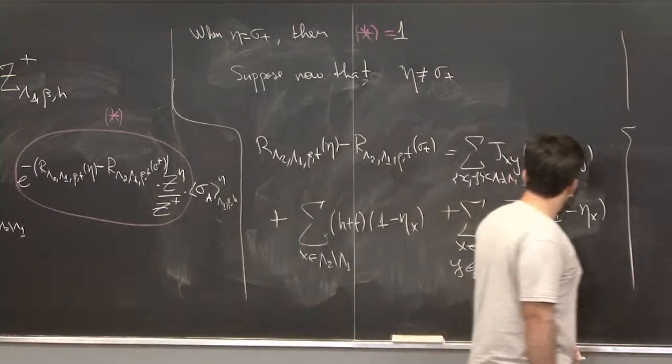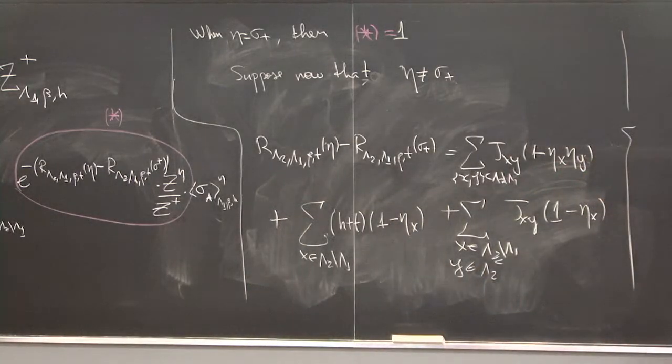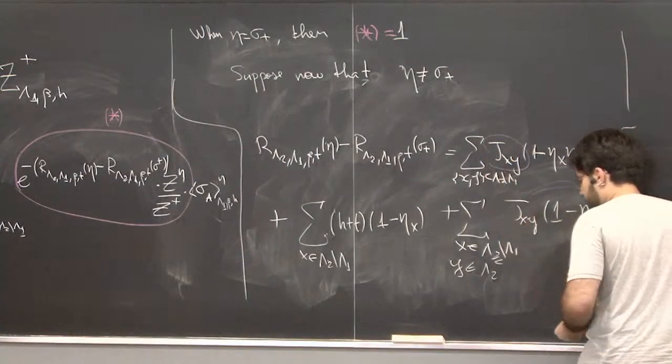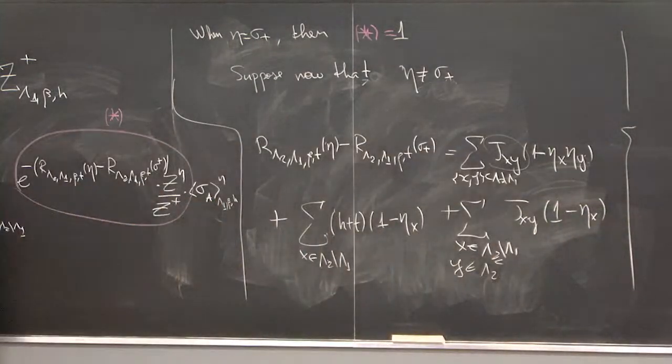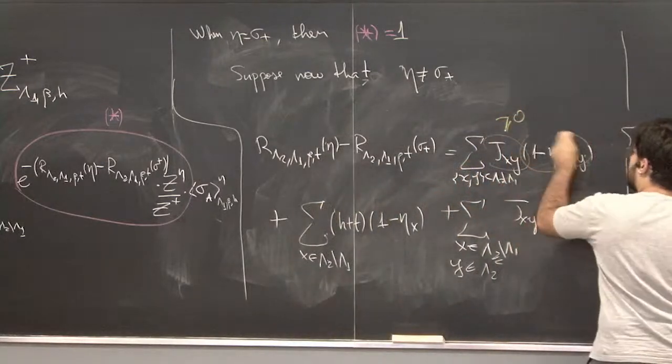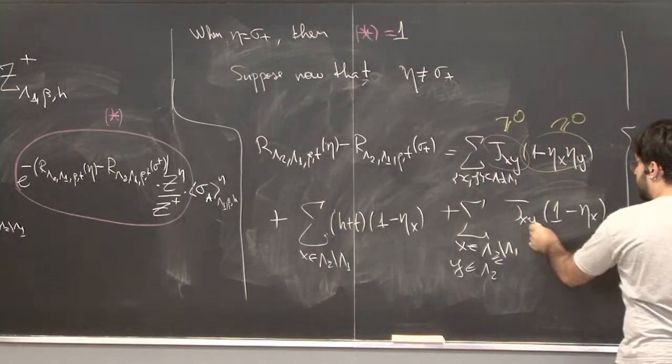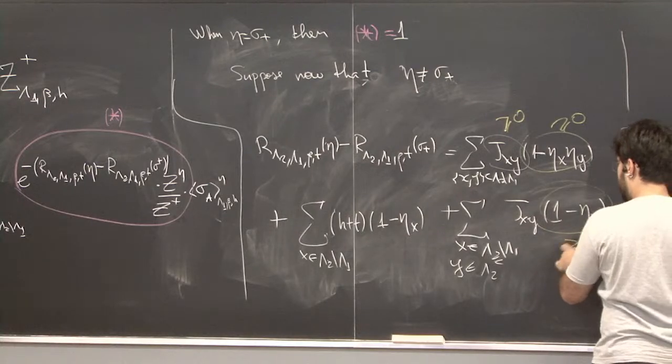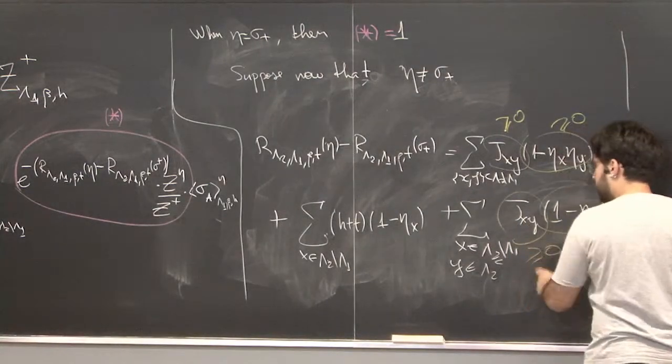So notice that since we are in a ferromagnetic system, all these numbers are positive. So all the coupling constants are positive. These are positive. These here are also positive. This is positive. This is positive, okay?